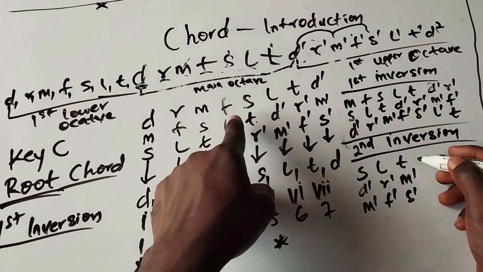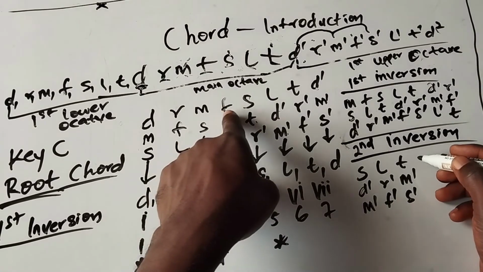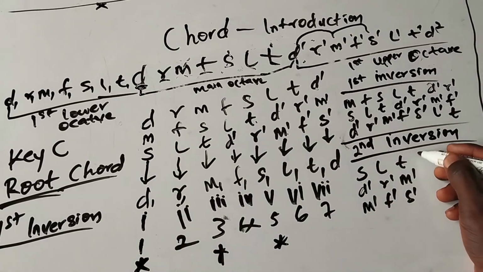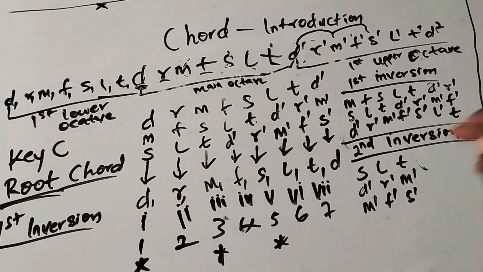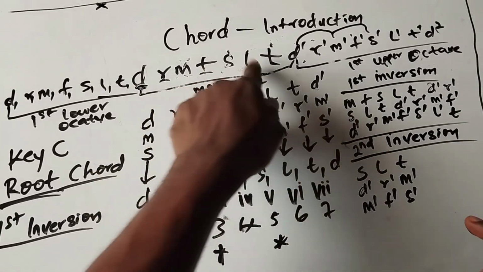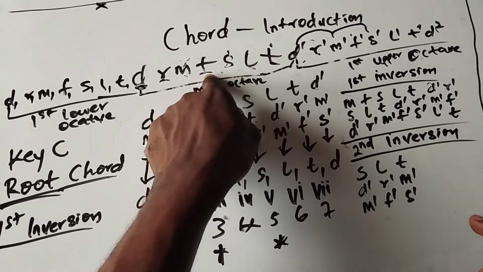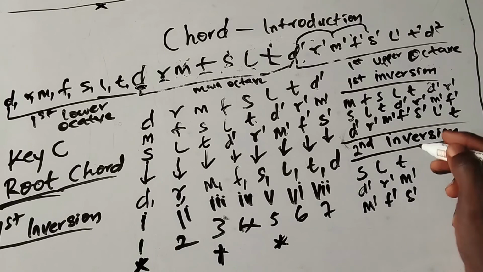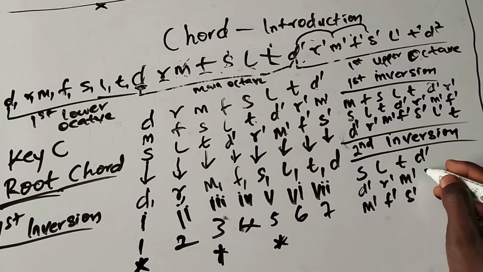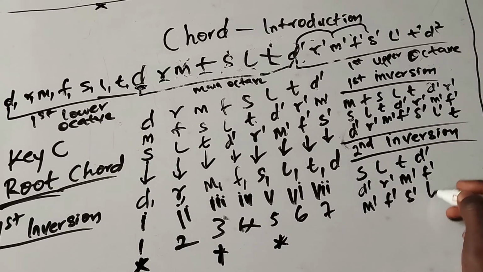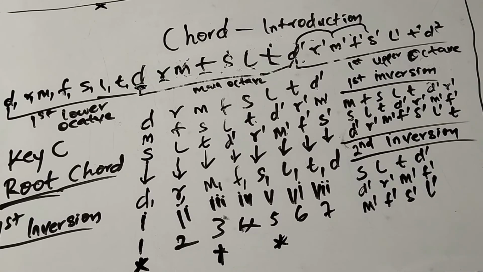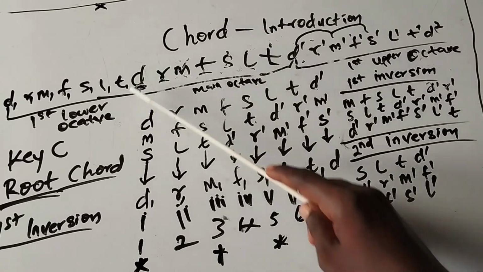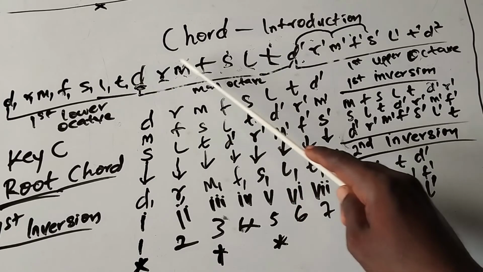So let me finish it. So we have fa chord. Instead of writing fa chord like fa, la, do, you leave the fa and la, pick it from upper. So it will now be do, fa, la. Remember I said you can do it from do, fa, la.